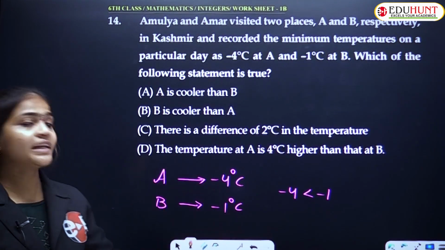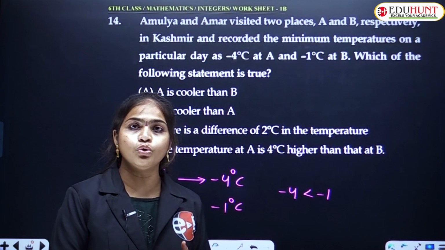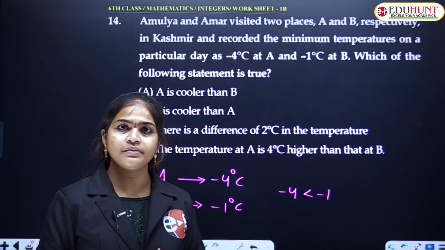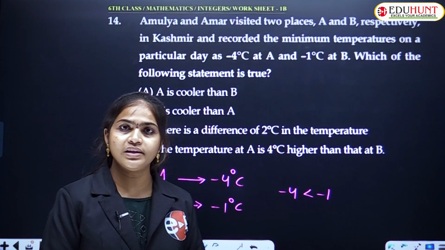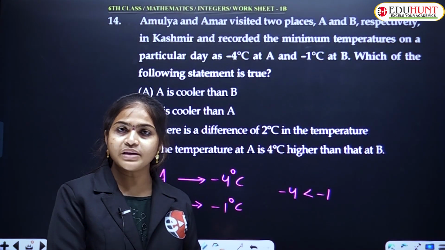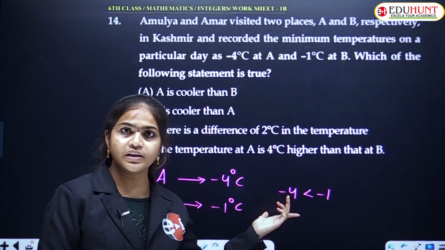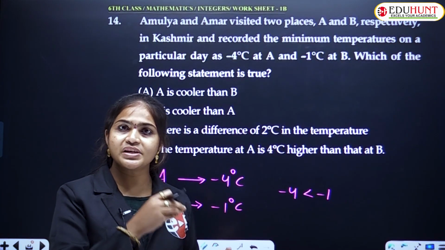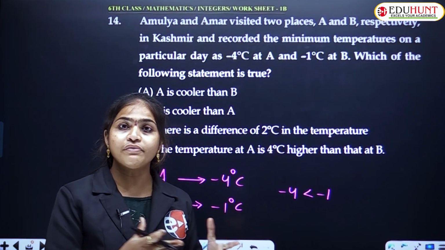At what temperature can we feel that it is very cool? If it is a higher temperature or a lesser temperature, where can we feel that it's very cold? When it is a negative temperature, those two are also negative only, no, which means lesser temperature. When the temperature is very low, then we can feel that it is very cool.